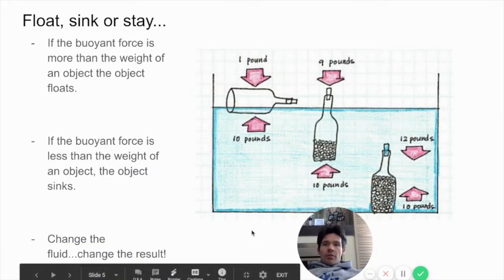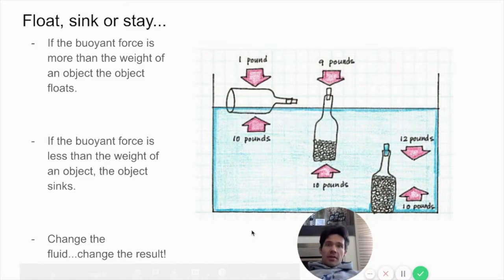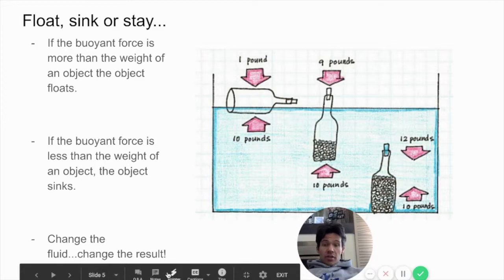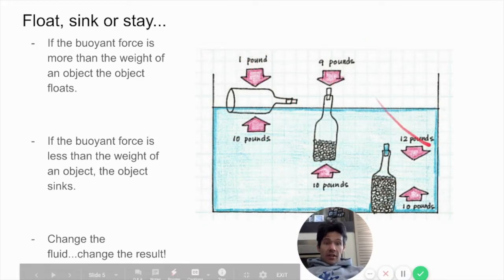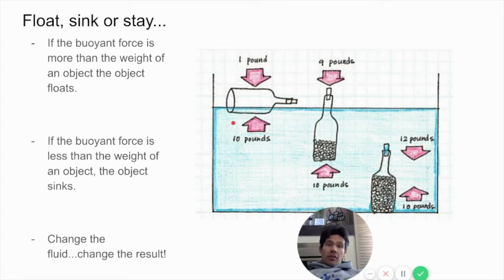So there are ways we can decide if things are going to float, sink, or kind of stay in the middle somewhere. And it's all related to how much force, or the weight of the object, is pushing against the fluid pushing back up. So you have 3 bottles in these pictures here. One is 1 pound, one is 9 pounds, and one is 12 pounds. Now the liquid is always pushing up with 10 pounds of force.